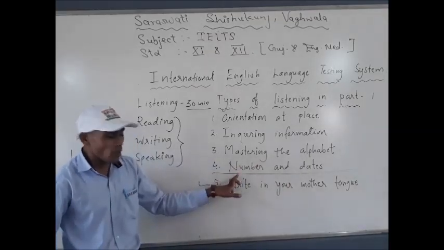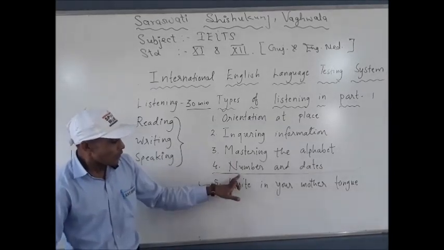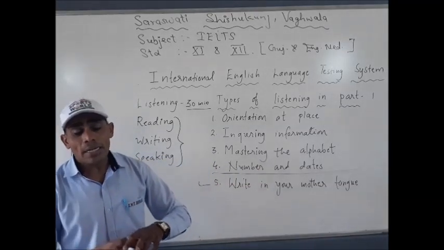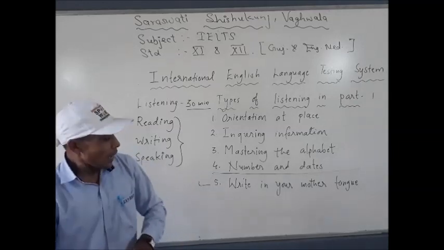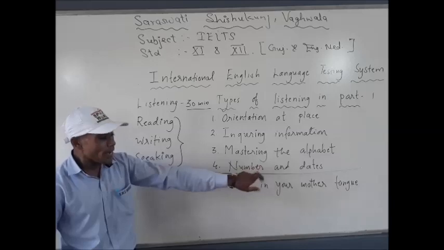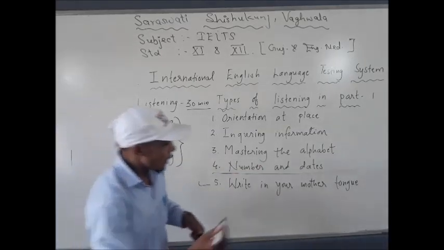The fourth one that we have here is numbers and dates. In part 1 of IELTS, the fourth type of question is numbers and dates. So here they ask about any number or dates or email IDs, etc., and then you get the correct one. Talking about dates and numbers, many times students get confused regarding the dates.